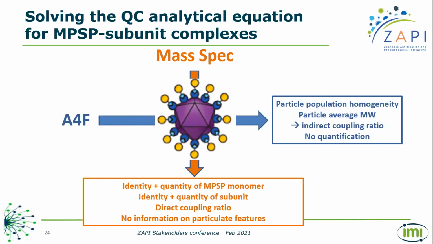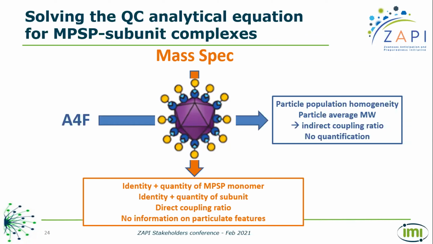The first one is A4F, asymmetric flow field flow fractionation, that will provide information, and we'll see details in the next slide, on the particle population homogeneity. It gives a particle average molecular weight if you have a homogeneous population. And it can give also, through just computing, an indirect information on the coupling ratio, but no precise information on the quantity.